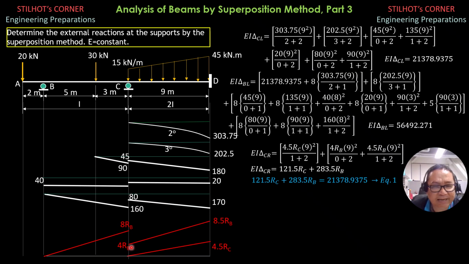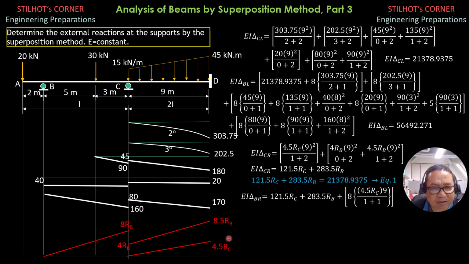So for this diagram, we just add additional deflection slope at B. And for this one, this is direct deflection at B. So since deflection at B is already calculated equal to this, we just add the additional deflection due to the reactions, due to the slope at C. So EI delta B due to reaction is 121.5 RC plus 283.5 RB plus 8 times, for this part, 8 times 4.5 RC length 9 divided by first degree plus 1.